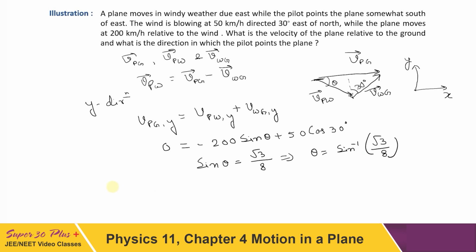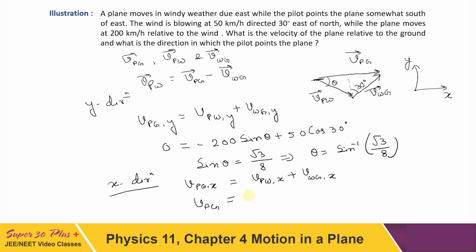Now if we write along x direction, again the same expression can be written. VPG in x has to be equal to VPW in x plus VWG in x. And VPG itself is along x direction, so it can be written as the whole velocity of plane with respect to ground, because the whole velocity is along x direction itself.